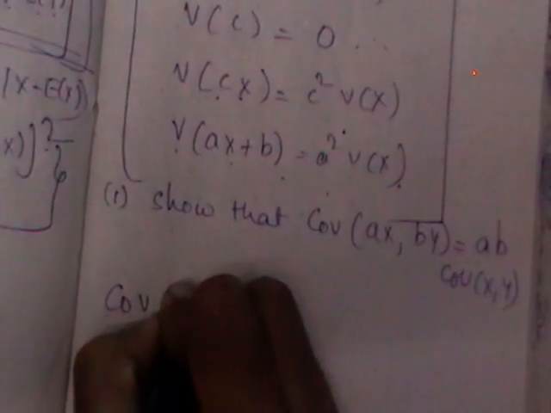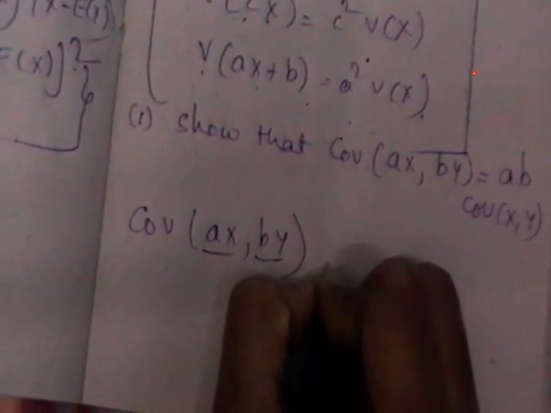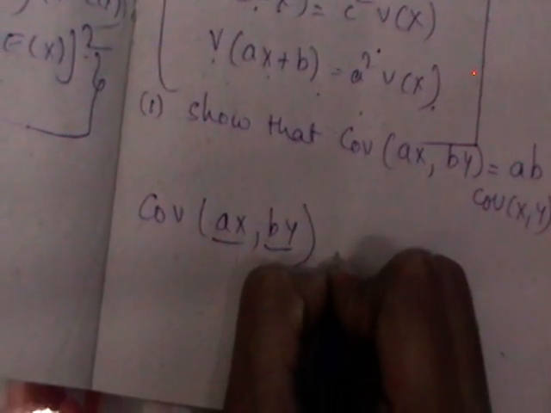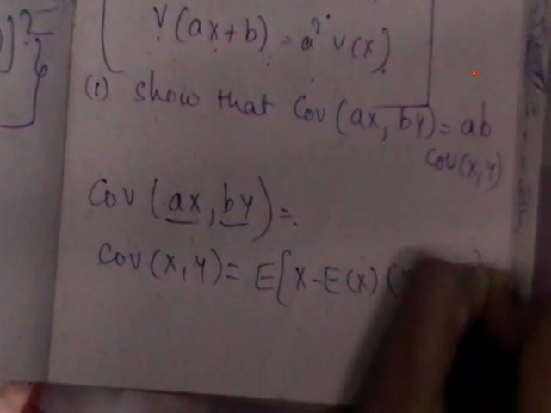So, covariance of AX comma BY you need to calculate, meaning in place of X you have AX, in place of Y we have BY. What is the formula for covariance of X comma Y? Covariance of X comma Y is expectation of (X minus expectation of X) into (Y minus expectation of Y).